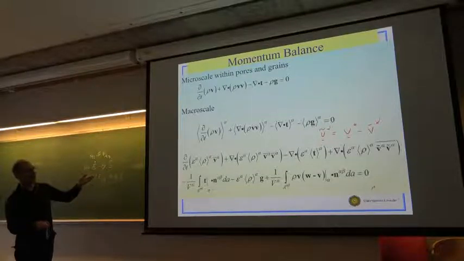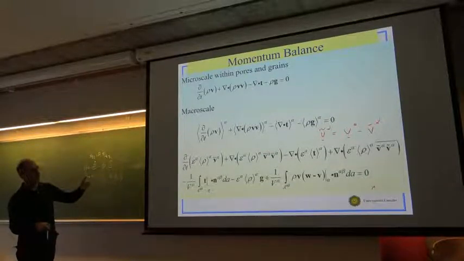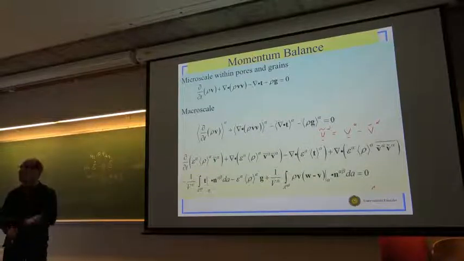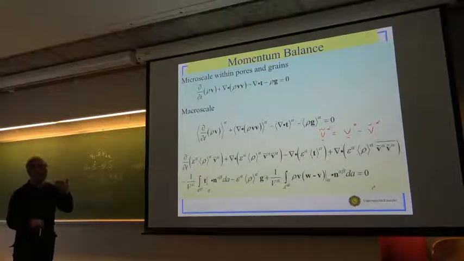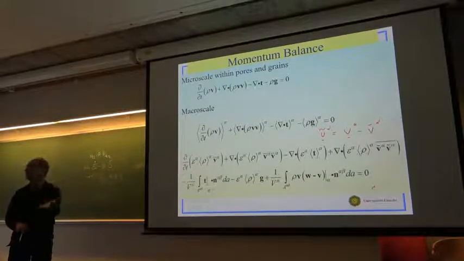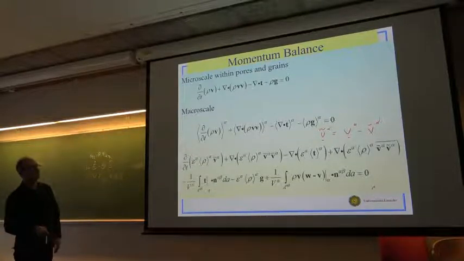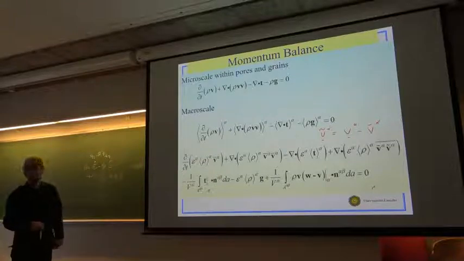The gravity term, assuming G is constant, simply gives you the mass density times G. And from these two terms, I get, similar to the mass balance equation, a term which is the exchange of momentum between the two phases. We should note that the exchange of momentum between two phases is only non-zero if there is a mass exchange between the two phases. Otherwise, this would also be 0. Okay, is that clear?